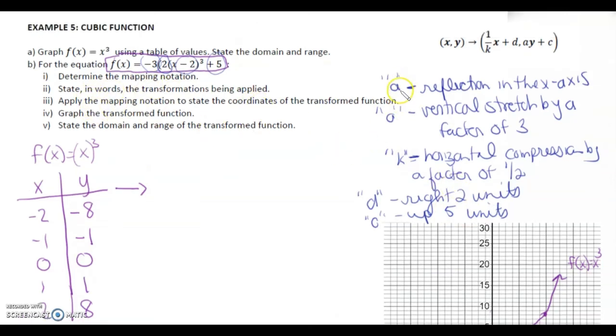So when we consider the a, the k, the d, and the c for our mapping notation, 1 over k is 1 over 2 x plus d, so it's right 2, so it's plus 2. And then for ay plus c, we're going to have -3y plus 5.